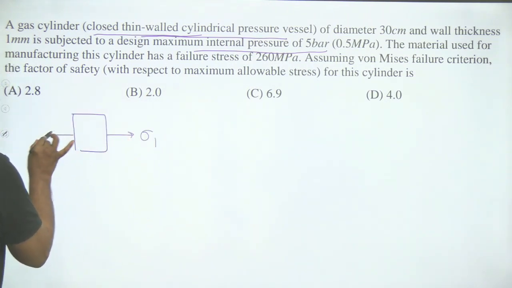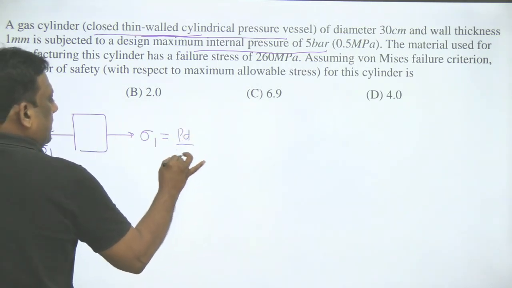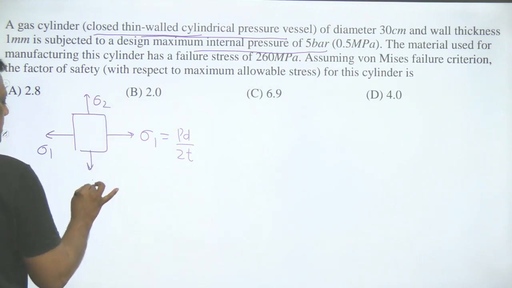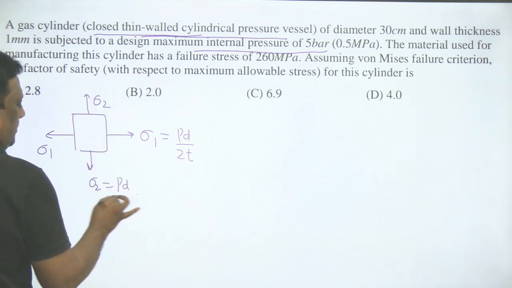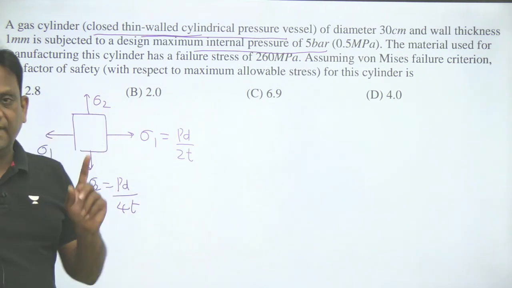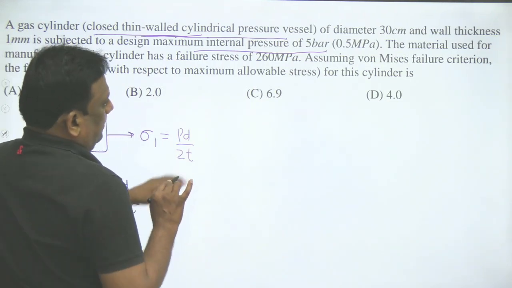The circumferential or hoop stress sigma 1 is given by PD by 2t. And sigma 2, that is longitudinal stress, is given by PD by 4t. All these I had derived in a beautiful way with models in our regular classes. And you know what he is asking?